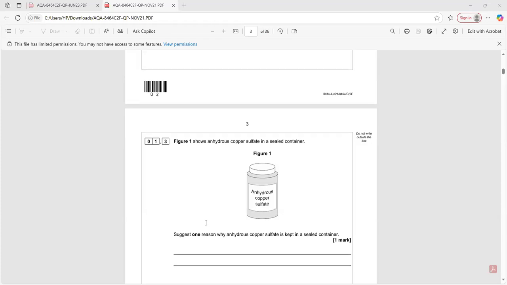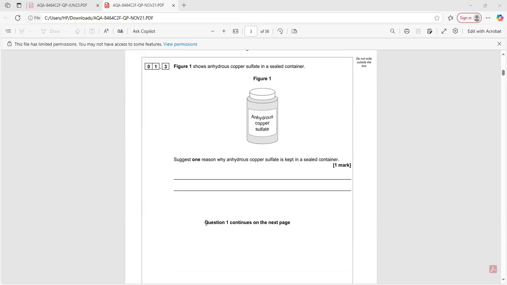Okay, so it says figure 1 shows anhydrous copper sulfate in a sealed container. It now says suggest one reason why anhydrous copper sulfate is kept in a sealed container. Can you guess why?